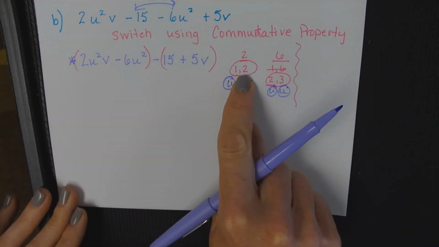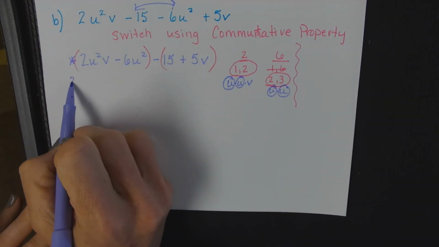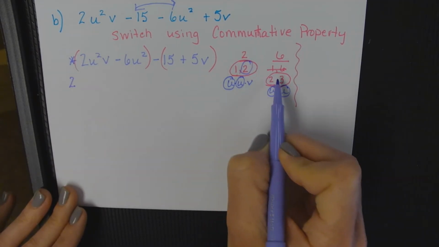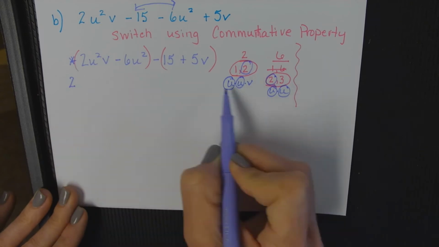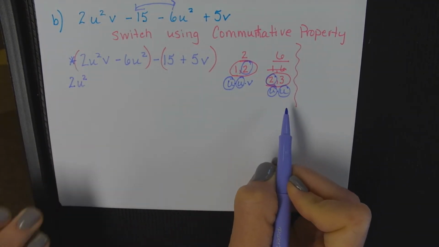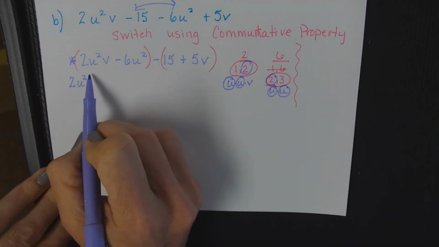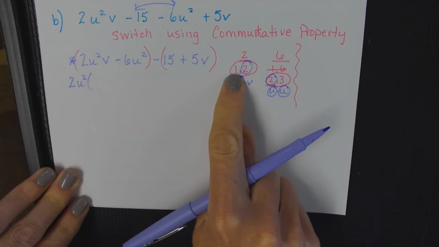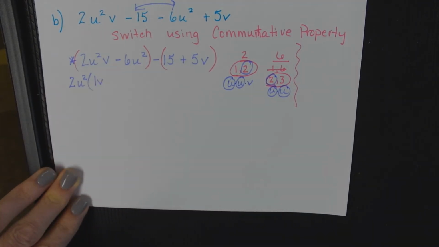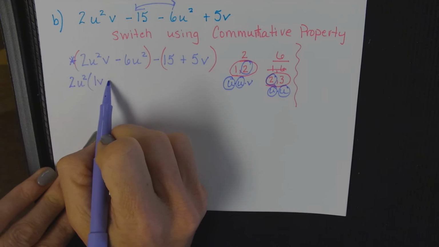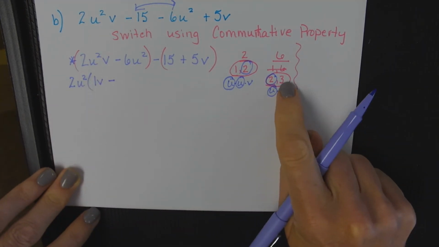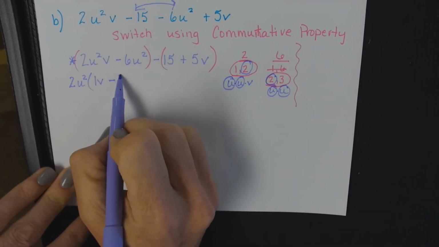I'm going to take out what number? 2. Okay, the highest number they share is 2. And we have 2u squared. All right. So what is left here? We have a 1 and a v. Is everybody okay with that? Minus, I'm just carrying it down, bless you. I'm going to have one thing left over here. What is it? 3.